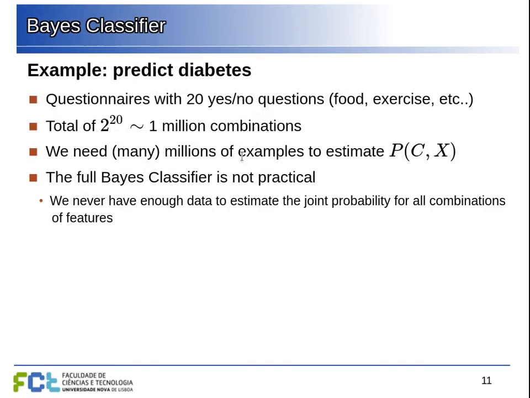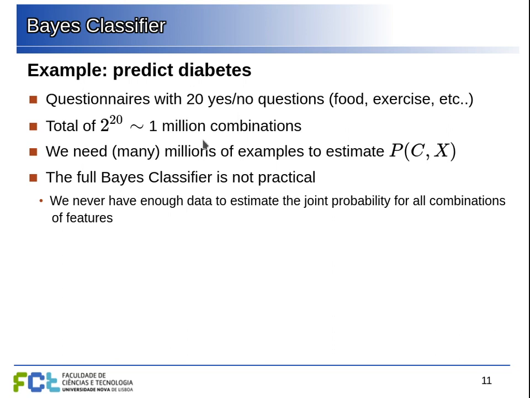Let's consider a hypothetical example. Suppose we have subjects, some with diabetes, some are healthy, and we are trying to find a way to predict diabetes from questions about feeding habits of food, what kind of food they eat, what exercise they do, professions, and so on.